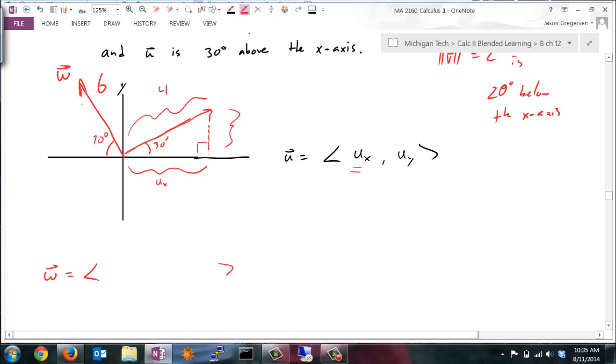I'll drop my little perpendicular. I got my right triangle. What's going to be my x component here? 6 cosine of 70, 6 sine of 70. Plug that into your calculators.